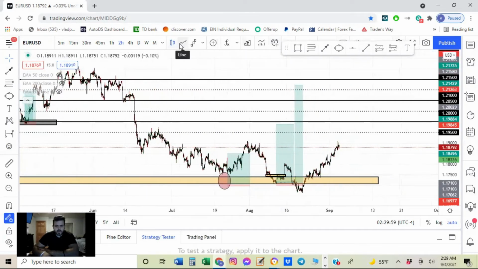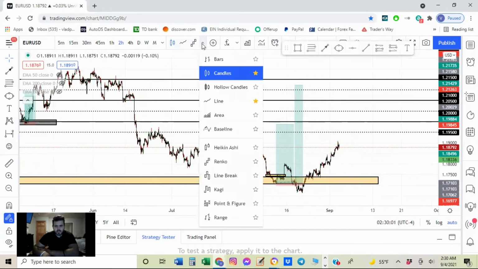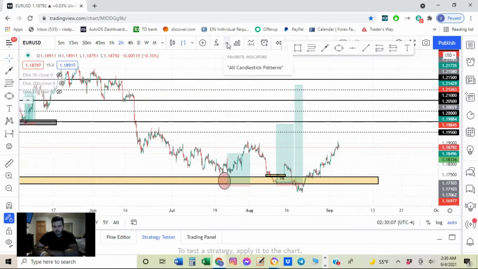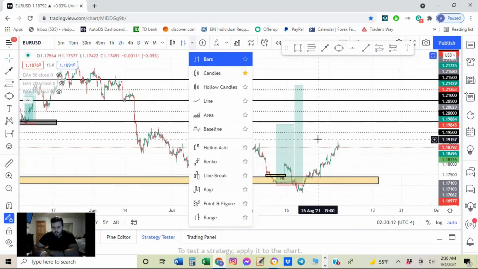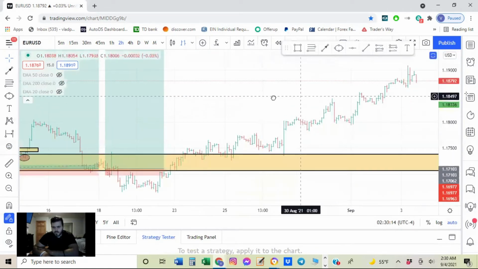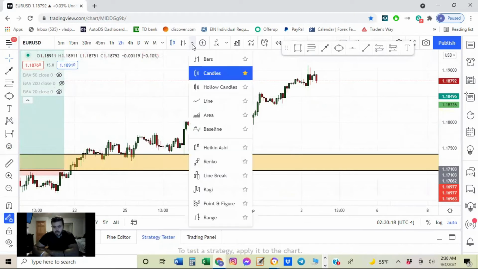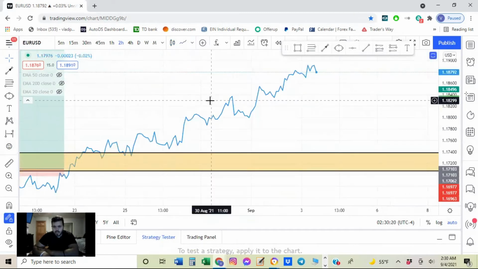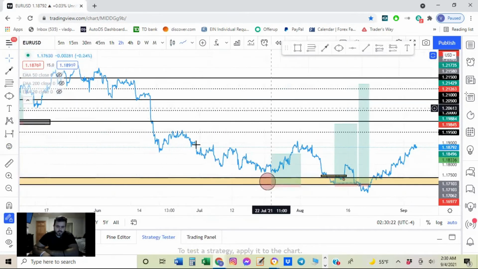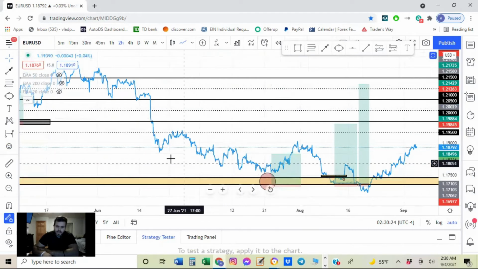To our right, we have different candlesticks. We got bar, wait. Okay, yeah, it's so zoomed out, you can't even see it. So these are bars. We have these candles, which I usually stick to. Line is not bad because it doesn't take into account the wick.